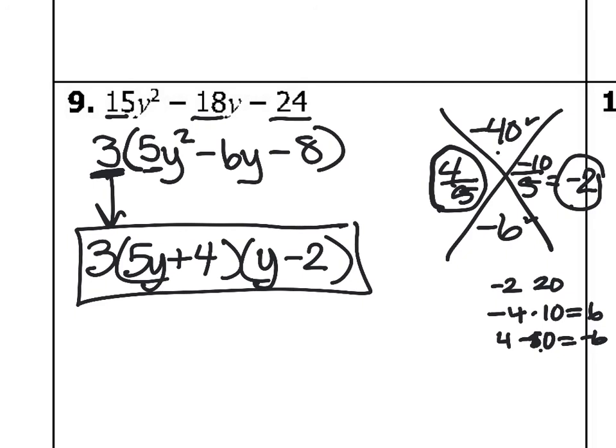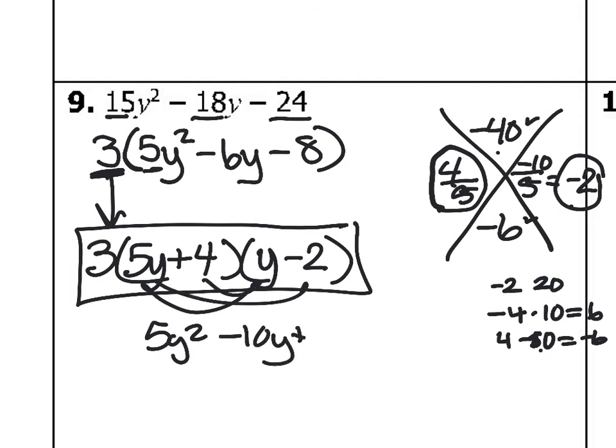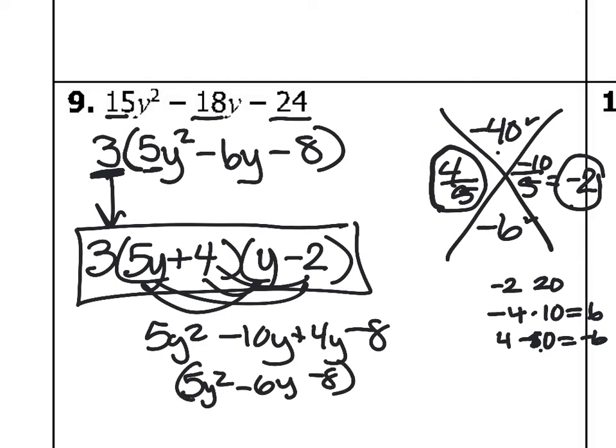All right. Remember, do the problems on your study guide, the ones we didn't do. Do those as practice and check your answer. When you're doing this, you can distribute. That'd be 5y squared, and that would be -10y plus 4y minus 8. So that would be 5y squared minus 6y minus 8, and then times 3.